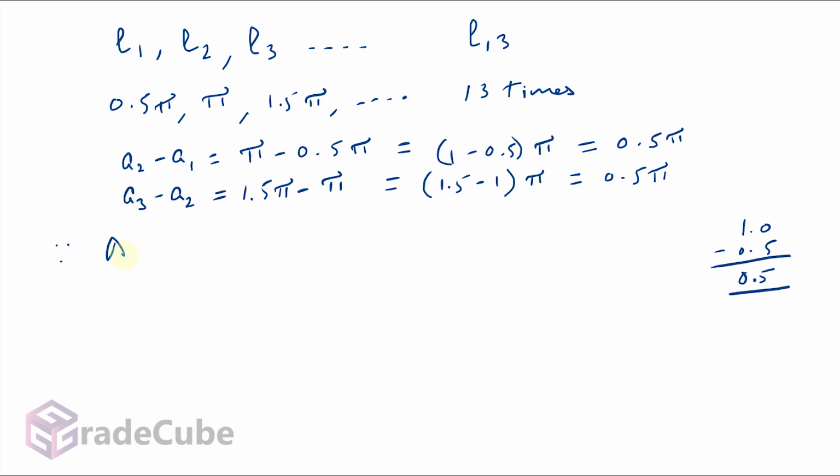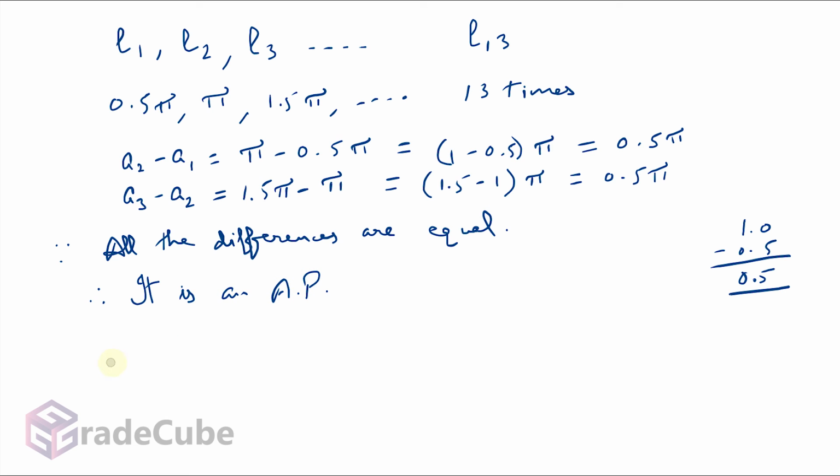Because all the differences are equal, therefore it is an AP, where A is the first term 0.5 pi, D is the difference we have calculated twice, which is 0.5 pi again, and we have to find the total length of spiral, which is sum of these L1, L2, L3 up to L13.